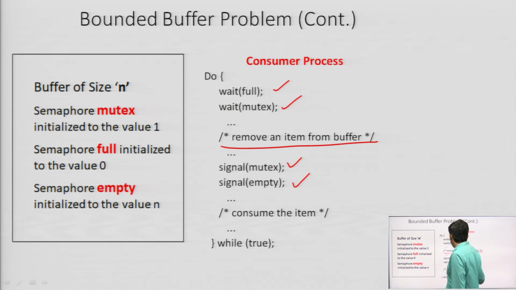And then signal empty. Signal empty means by removing an item from the buffer, the number of empty slots will increase by 1. So, this is the consumer process which first checks the full, then applies a lock to use the buffer, then signals the mutex so that the buffer can be used by someone else, and increases the number of empty slots.